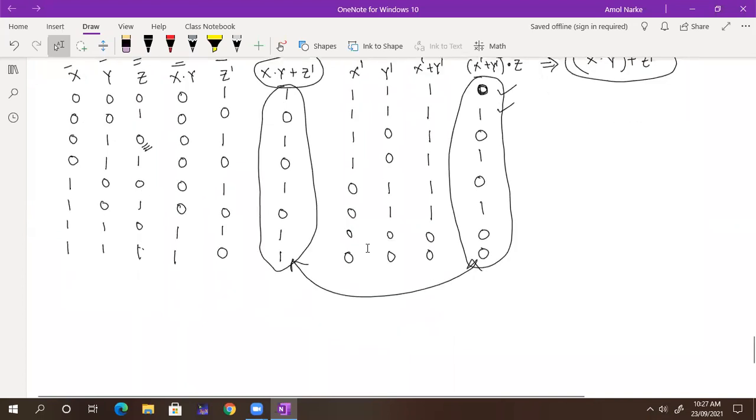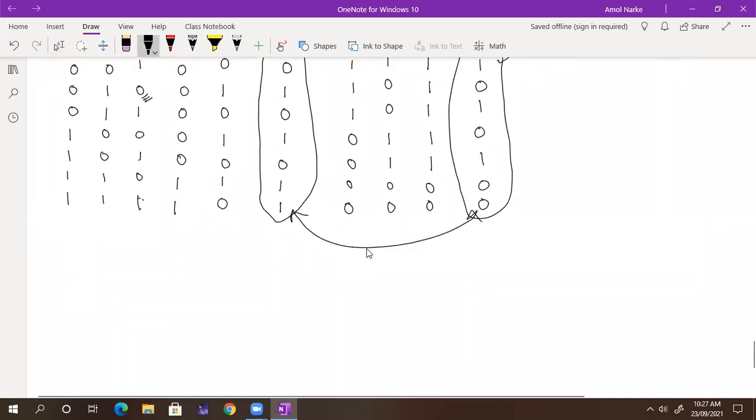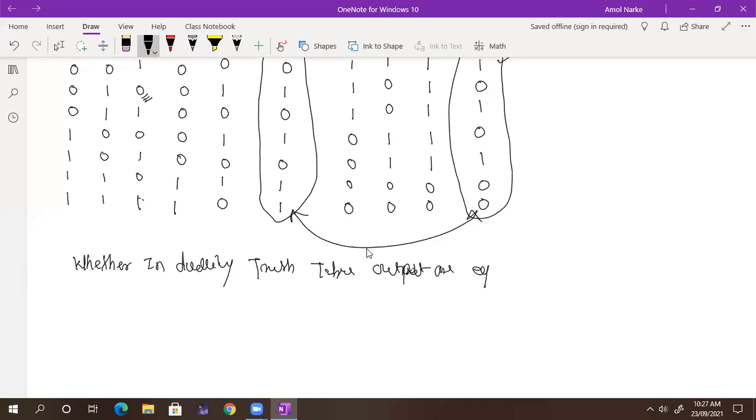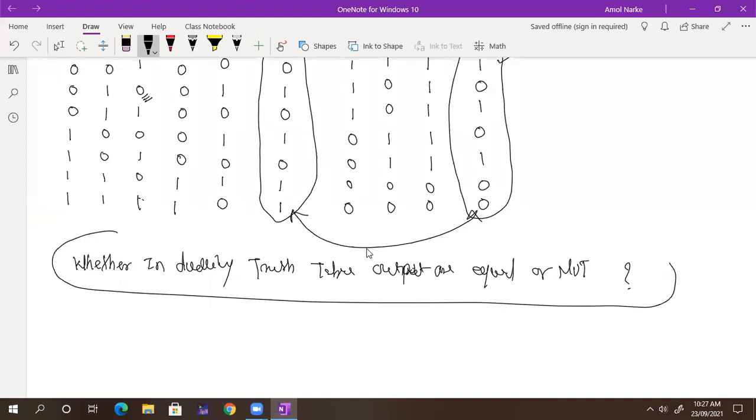Our question is: in duality, are the truth table outputs equal or not? We will discuss this question in tomorrow's lecture by taking simple examples or by understanding the duality principle once more. Please keep that question with us.